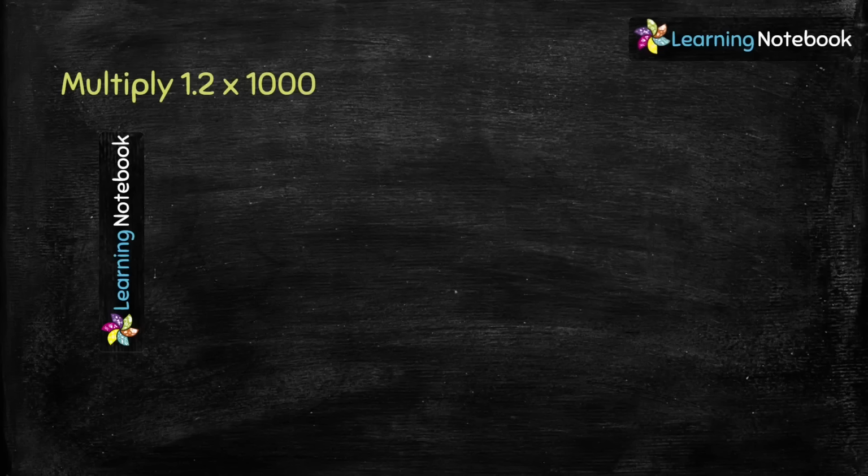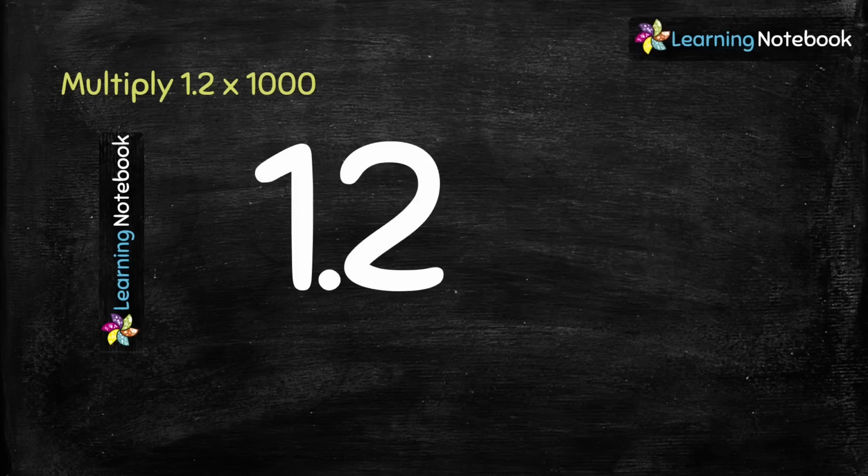Next question is, multiply 1.2 by 1000. So here students, since the decimal number is being multiplied by 1000, the decimal point will move to the right by 3 places. But 1.2 has only one decimal place and we have to move the decimal point 3 places. So what to do? In such scenarios, we will add 2 zeros.